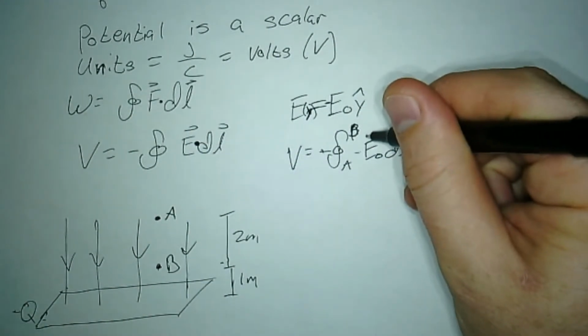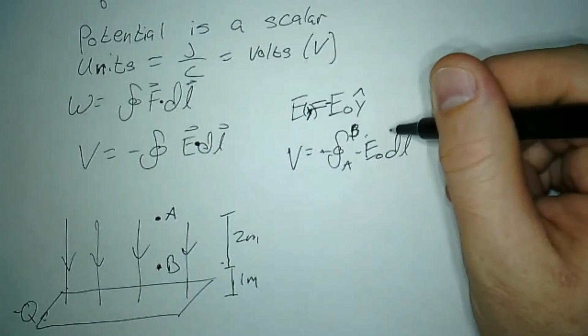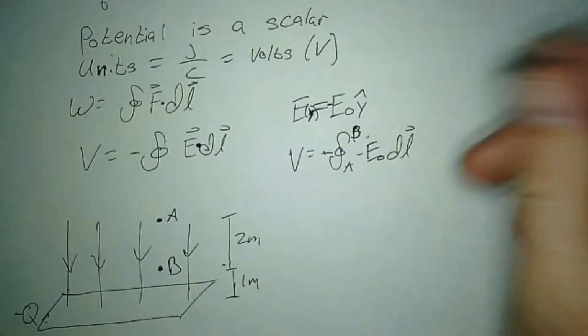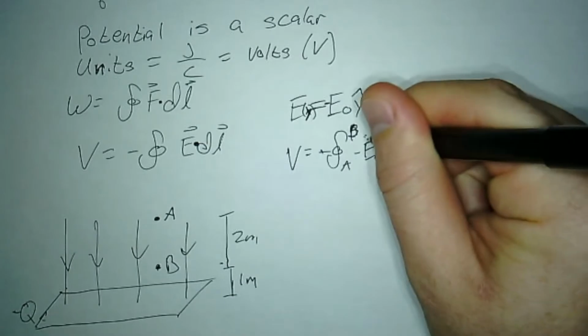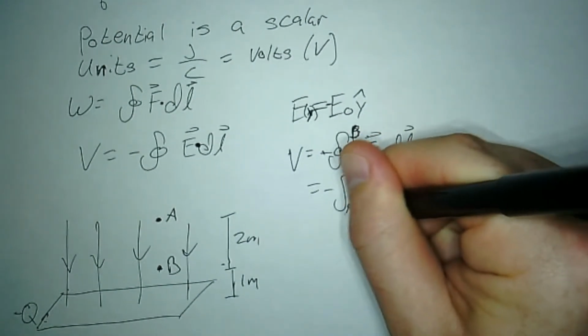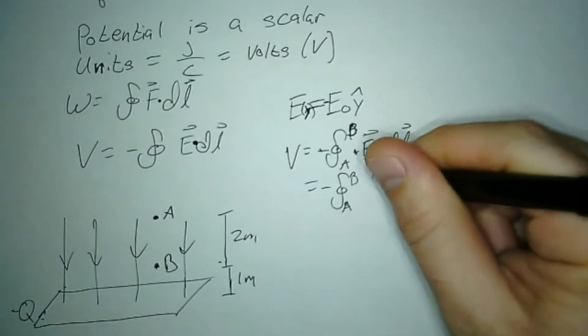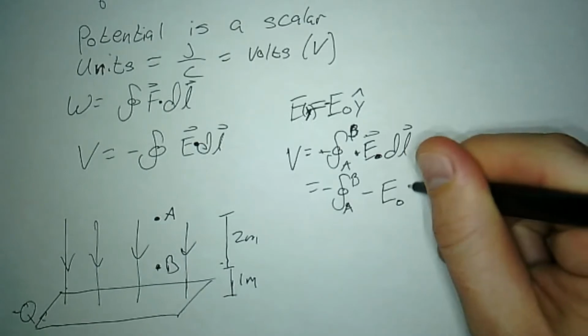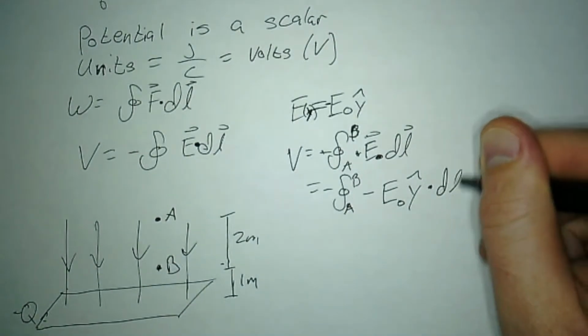So we'll say minus the integral from A to B of minus E naught y hat dot dl.